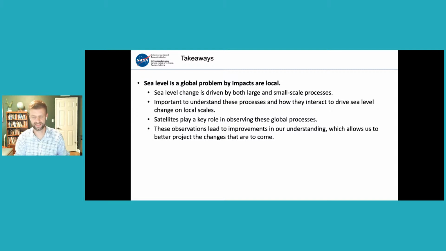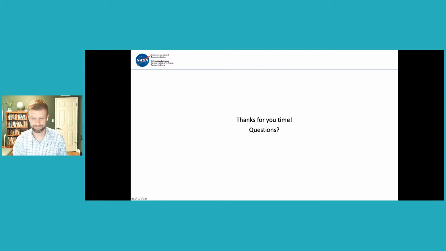Trying to integrate these and understand how they combine, that's really the key part to understanding what might happen in the future. And hopefully I've convinced you that satellites really do play a key role in observing these global processes and really lead to big advancements in our understanding, which then allows us to make better projections into the future. All right, and with that, I will wrap up.